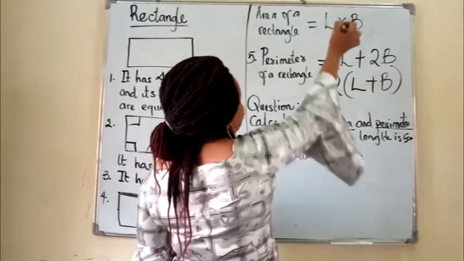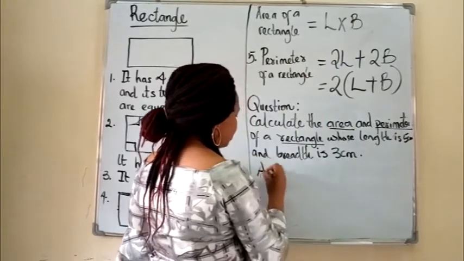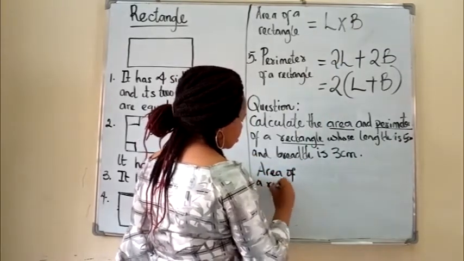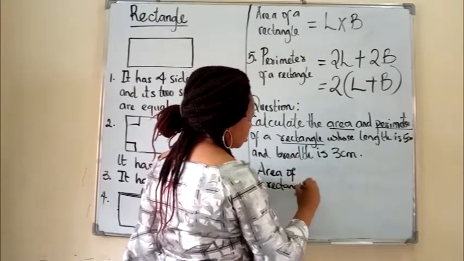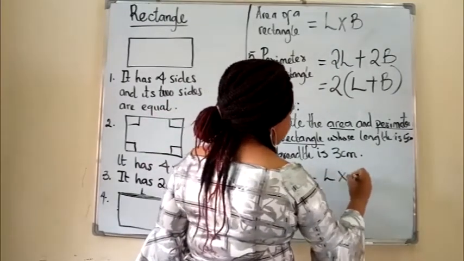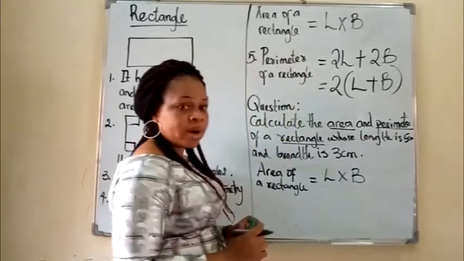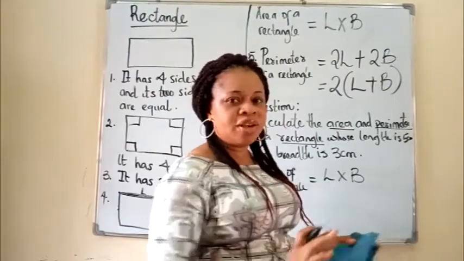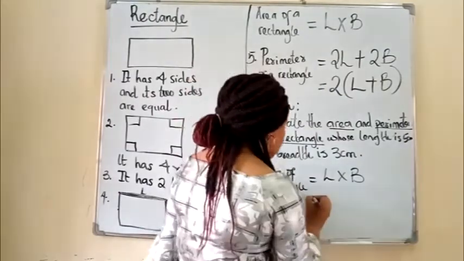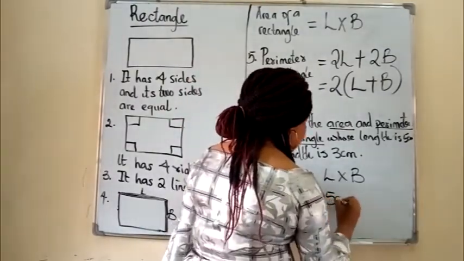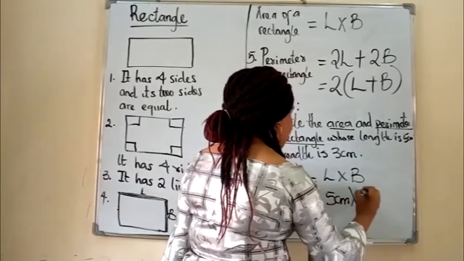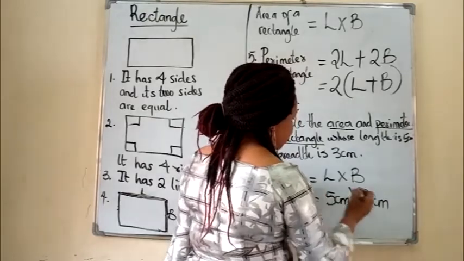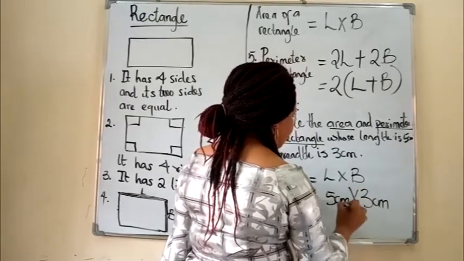How do we calculate the area of a rectangle? Area of a rectangle is equal to length times breadth. And the length is given, the breadth is given. So it's very straightforward. The length is 5 centimeters and the breadth is 3 centimeters. 3 times 5 will give us 15.